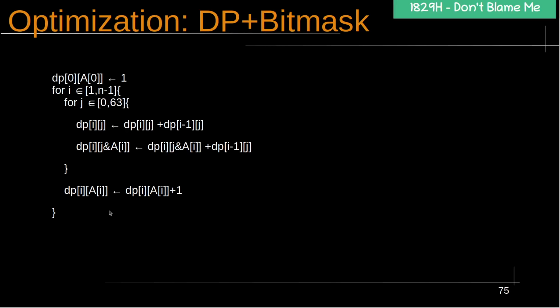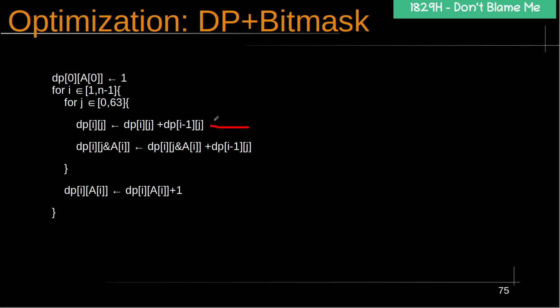This is the pseudocode of the problem. As we have seen, we put a 1 at the first row for A0 because this is the first subsequence. So we have one subsequence that equals 0, and we run over all the rows, and for each row we fill all the columns from 0 to 63 because we've seen in the problem statement all the elements in the array are between 0 and 63.